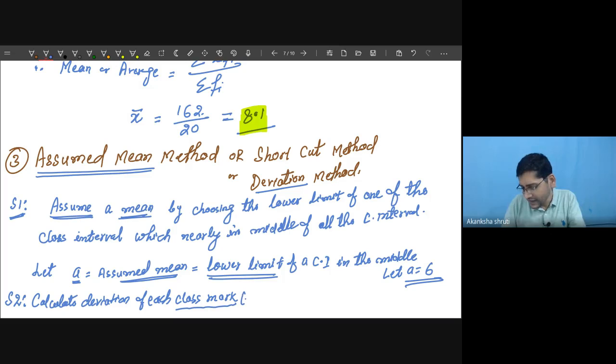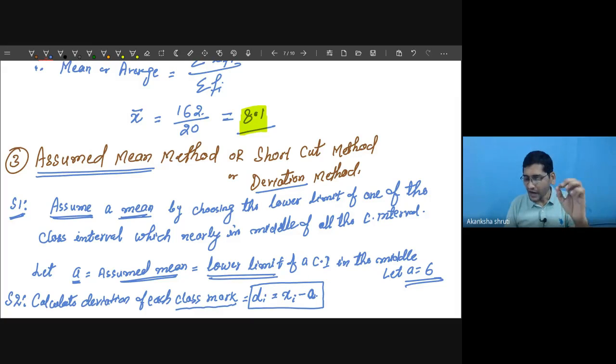Class mark is denoted by xi, and this deviation for each class mark is denoted by di. How is this obtained? You take the class mark. Last day we learned how to calculate the class mark xi. From that you have to subtract the assumed mean. Okay, so this is the important thing. This is the second step.